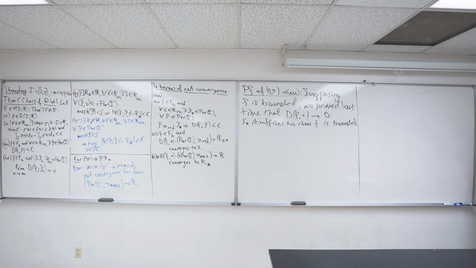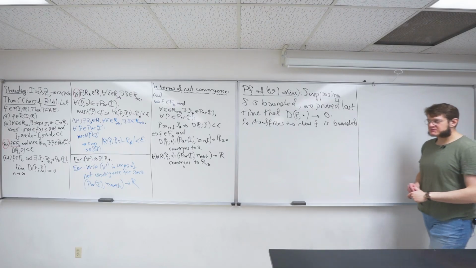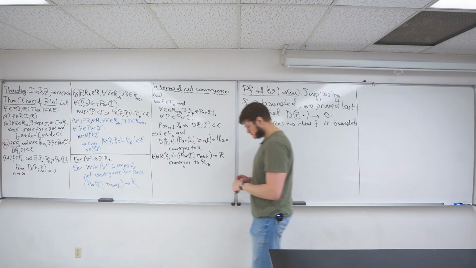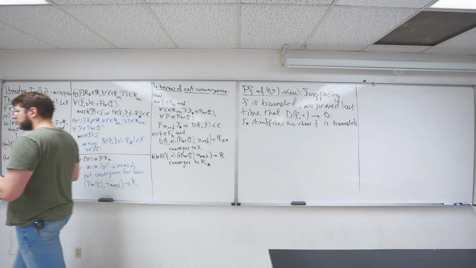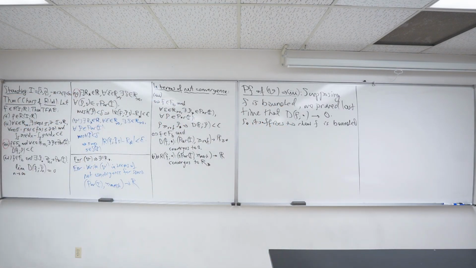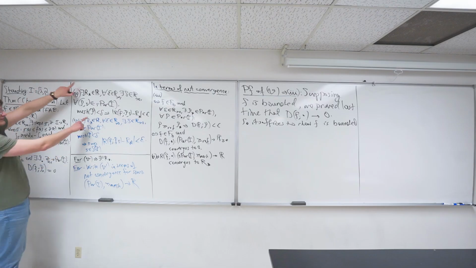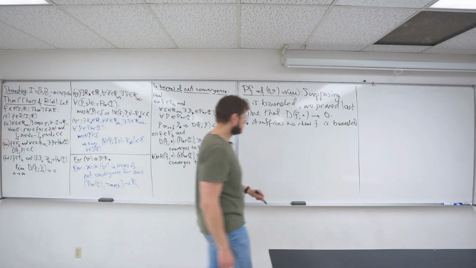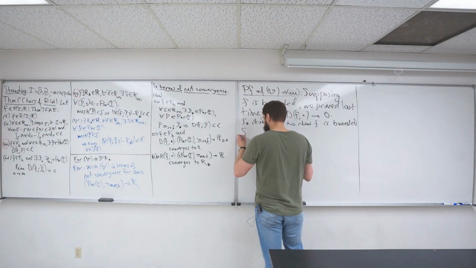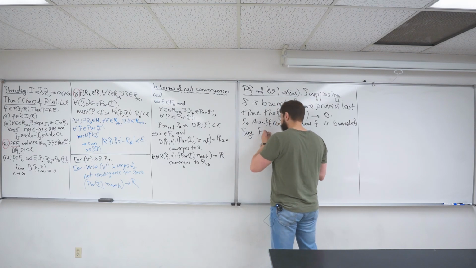Okay? So here's one way to do it. There are multiple ways. I'm going to assume otherwise, and I'm going to try to come up with a contradiction. All I know is 5. Say otherwise. Say f is unbounded.